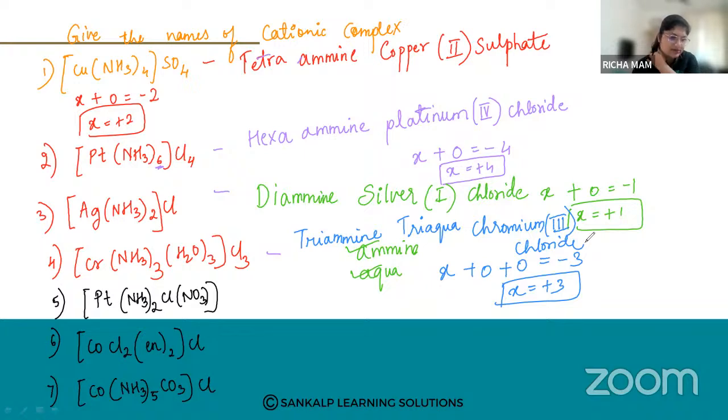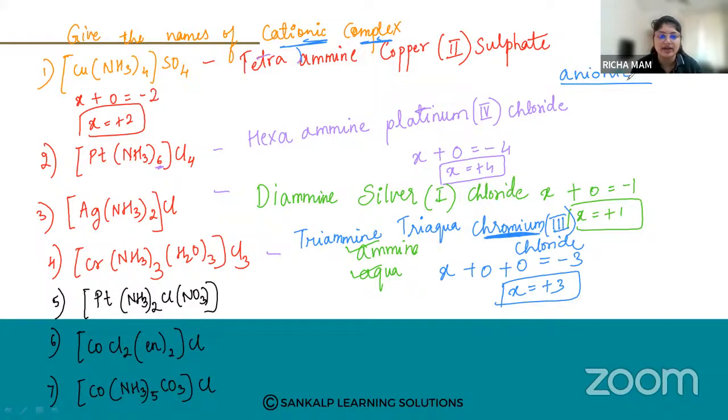Whenever you have a cationic complex, your metal will keep the same name, that is chromium. But whenever you have anionic complexes, what is the difference?